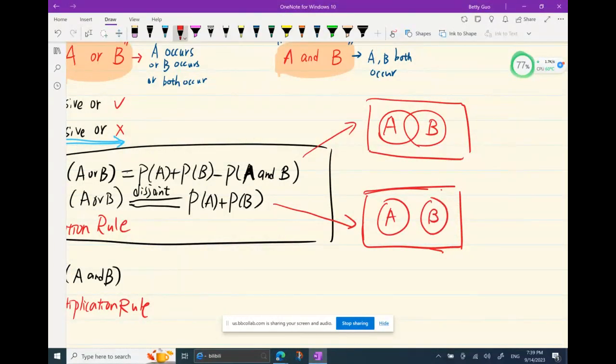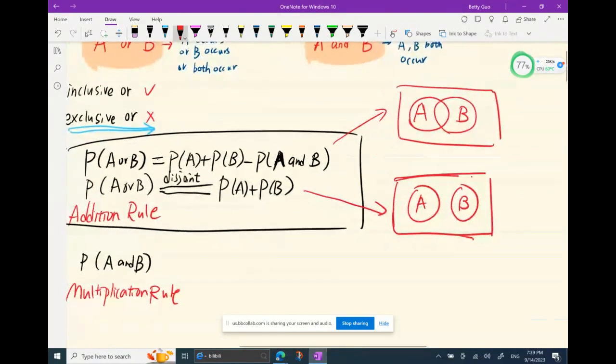They do not have any outcomes in common. Remember, a sample space is a set of all the outcomes, and events are subsets of the sample space, so we can use set theory to study probability.